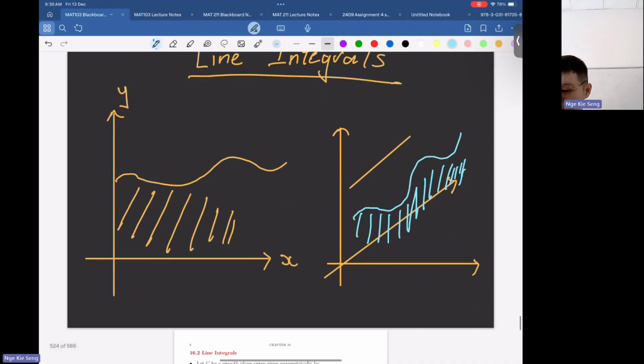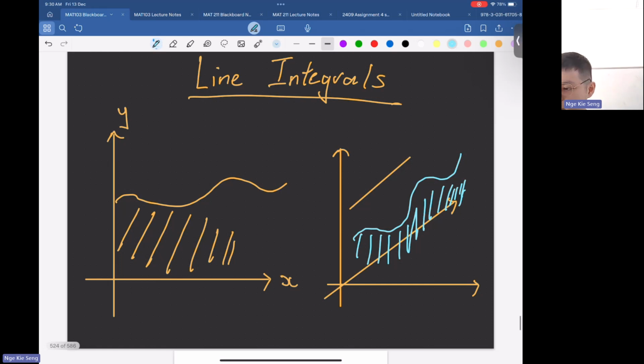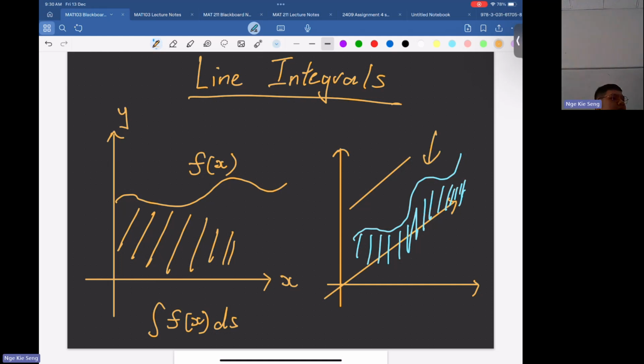Well, in calculus 1, if you describe this as f(x), then the integral is just the integral of f(x) dx. But for the new case, how do we describe this curvy line in 3D?